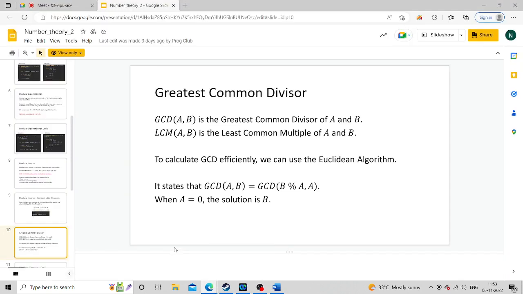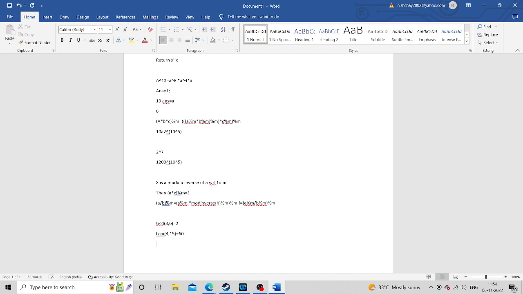So now we'll be studying few properties of GCD and LCM. And one more thing which I want to tell you, that GCD of A and 0 is always the number itself, because 0 is divisible by everything, right? 0 is divisible by 1, by 2, by 3.